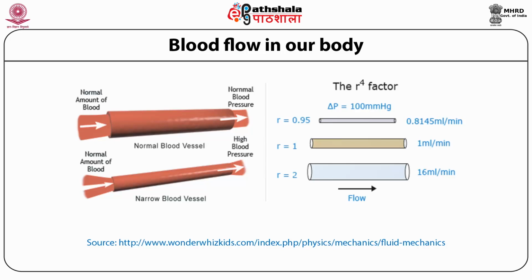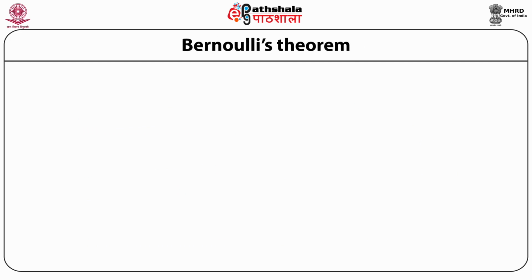That is coming from the equation of continuity, that at each point you have cross section area times the velocity equals constant. Bernoulli's theorem is an important concept in fluid dynamics. What it says is that the net energy of the fluid in motion is the same everywhere, meaning at every point inside the fluid flowing through a container or tube or on some surface, the net energy of the fluid remains the same.